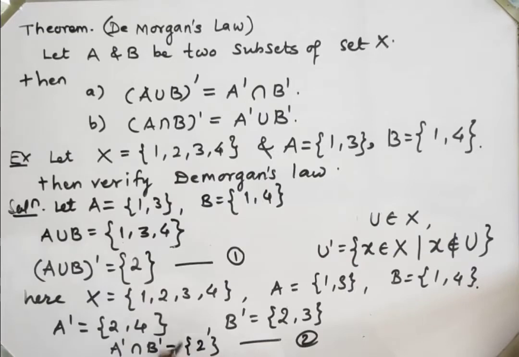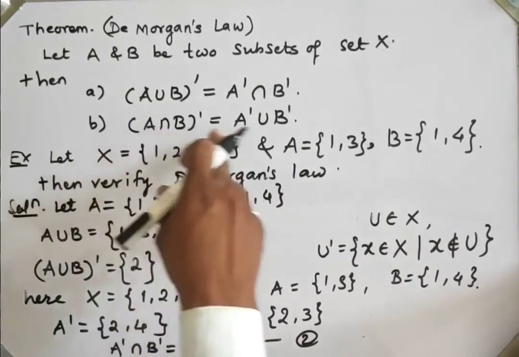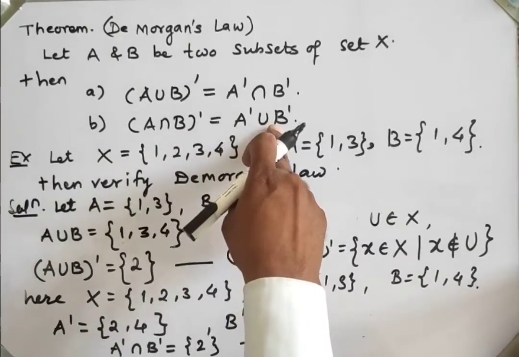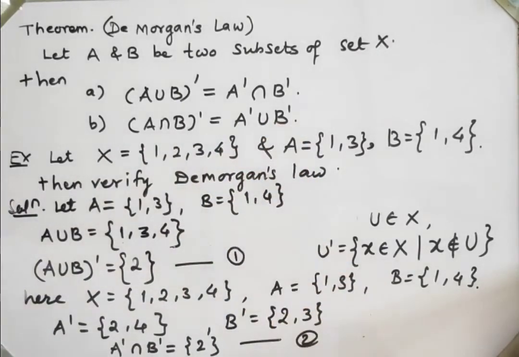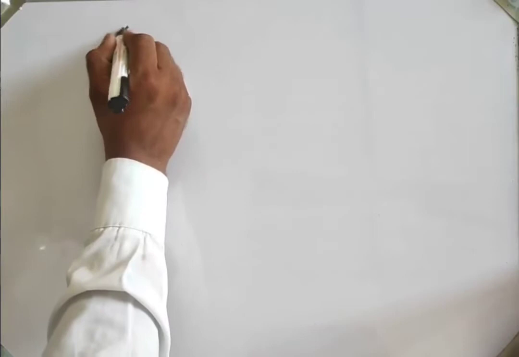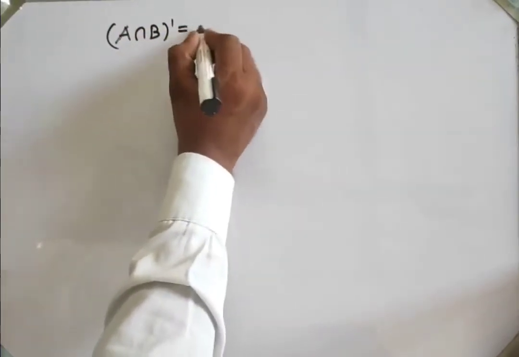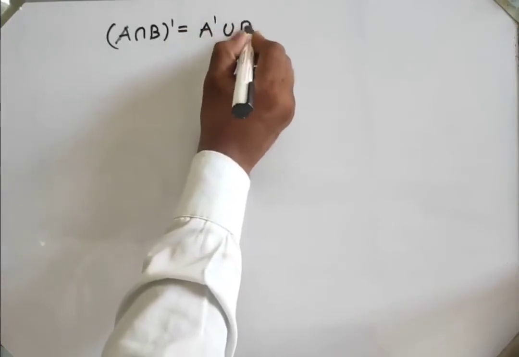Now we have to verify the second property. What is the second property? A intersection B complement is the same as A complement union B complement.